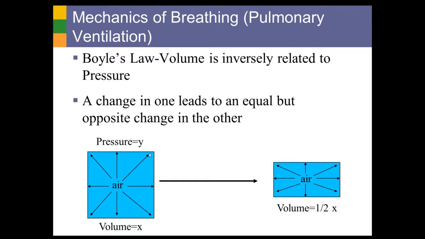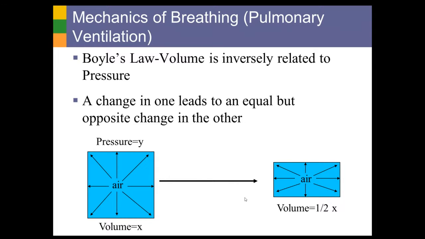Let's look at this container here on the left side. Let's say it has a pressure Y and it has a volume X, and the air inside that container is pushing along the sides at pressure Y. What if we collapsed the size of this container and made it so that it was only half its size? Had the same amount of air in it, but it's half its size.